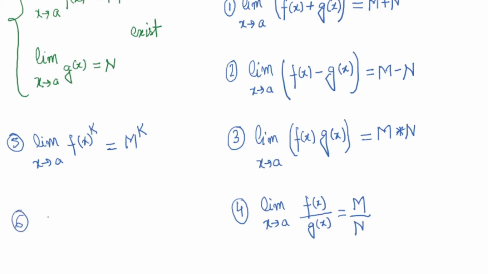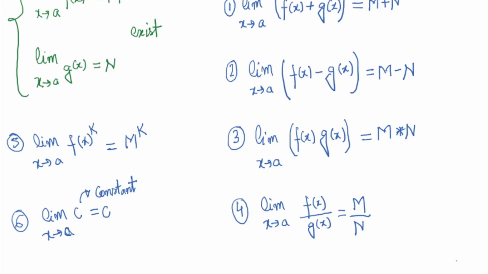The sixth property is the limit as x tends to a, not c, of c, which is equal to c. Here c is a constant, and we again get the same constant value.